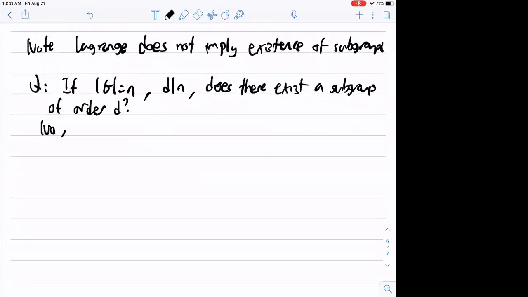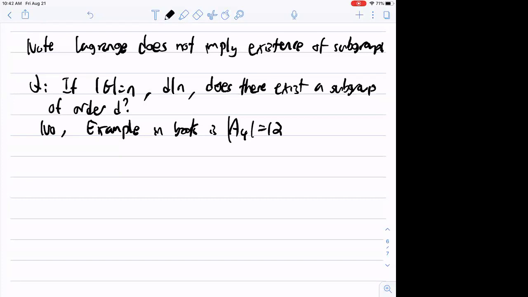It's in your book. The example in the book is A4, the even permutations, those that can be written as an even number of transpositions, as a subgroup of S4. This has order 12, because it's half the size of S4, so 24 divided by 2.